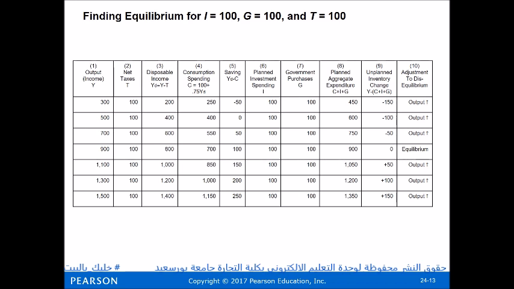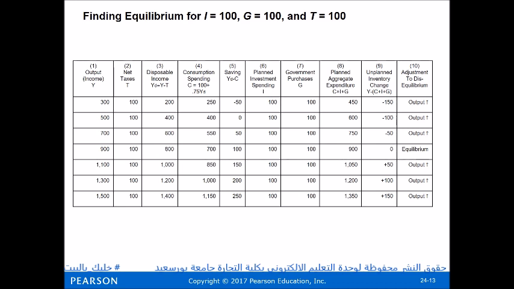Column 2 represents taxes, which is a constant, in this case equal to 100. So at each level of before tax income, the level of net taxes is constant at 100.